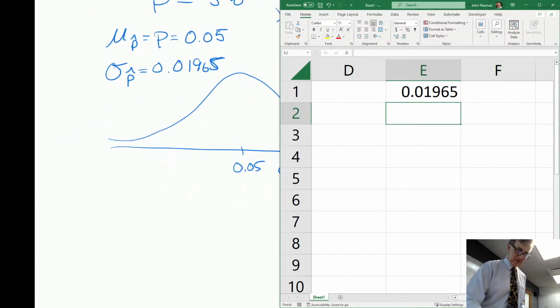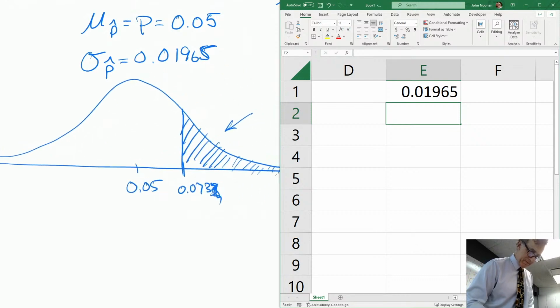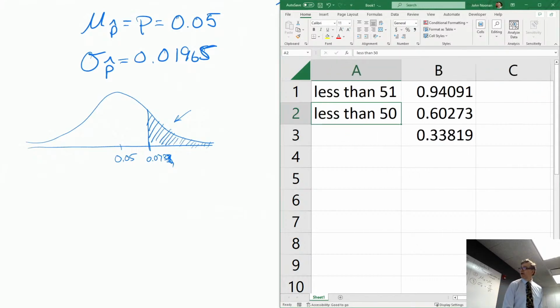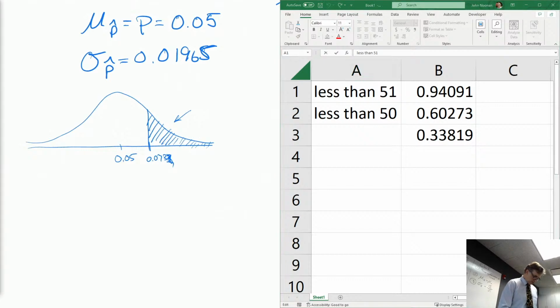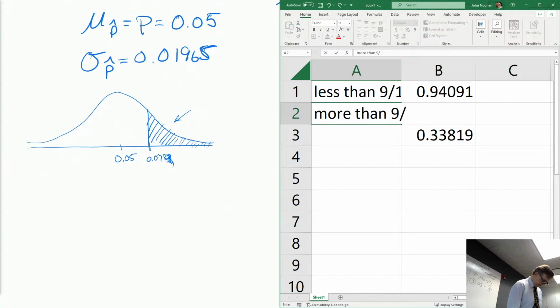Now I can see everything. Okay, so first of all, let's change this to less than 9 out of 123, and then I'll do more than 9 out of 123.